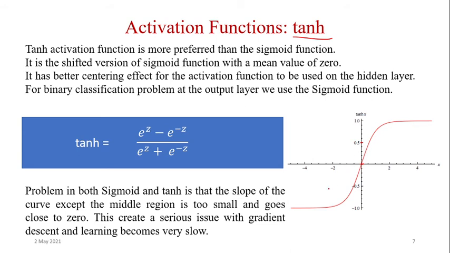So it has a comparatively larger range, from minus 1 to plus 1. This is the range of tan h. It is symmetric, or you can say you get a reflection of values around the center, right? That is the beauty of tan h.